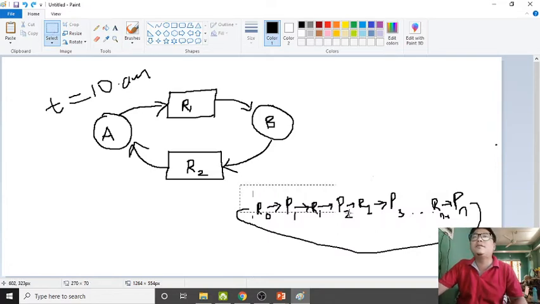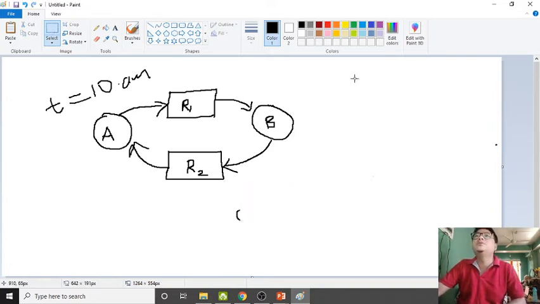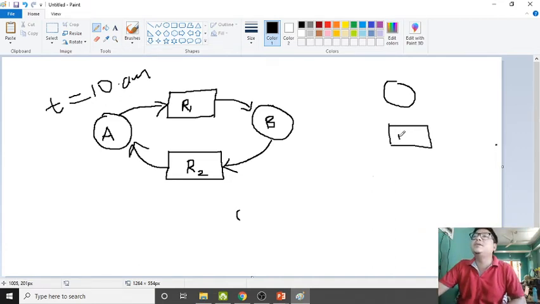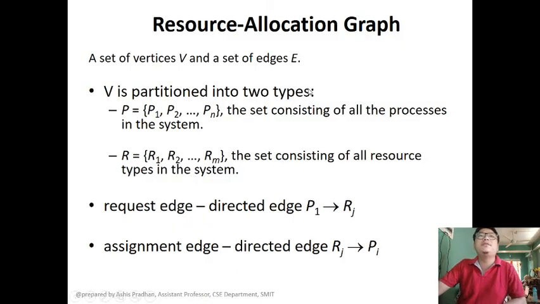A vertex of type process is represented by a circle, and a resource is represented by a square or rectangle. If there is more than one instance, we are going to draw dots or small squares in it. So this is a resource Ri with two instances, and this is the process Pi. This is the notation we are going to follow for vertices.